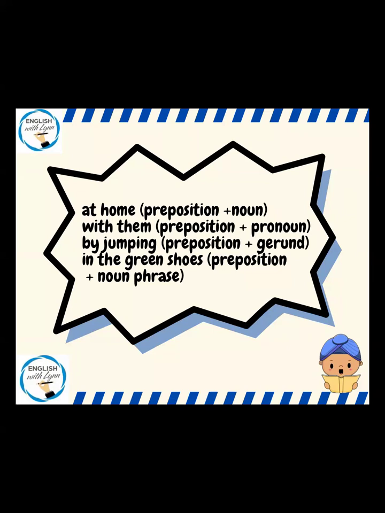Running would be the noun, it's the object rather than the verb. And the final one, you've got in the green shoes, which is very similar to the jumper example that I showed a minute ago. You've got your preposition and then you've got your noun phrase after it.